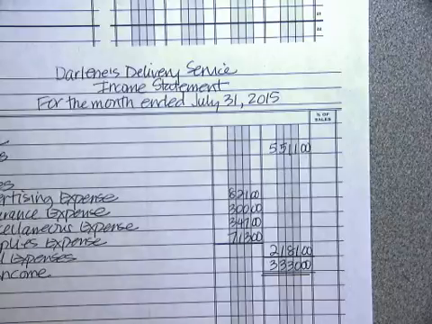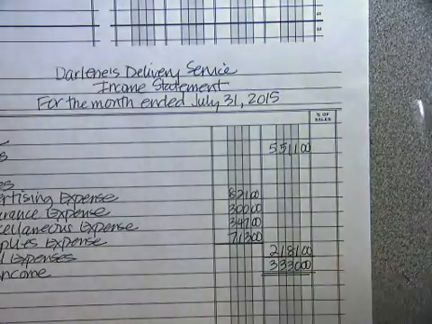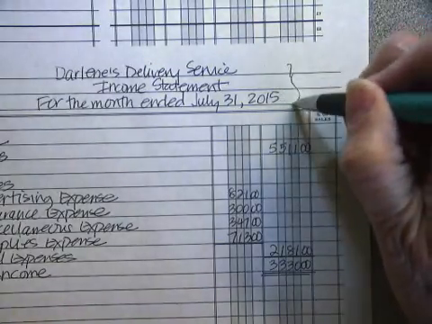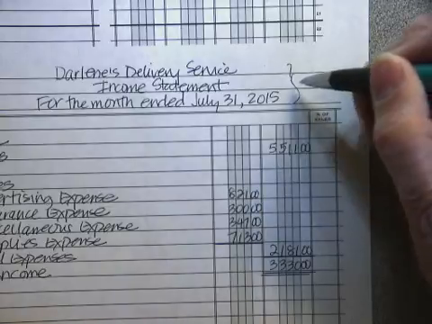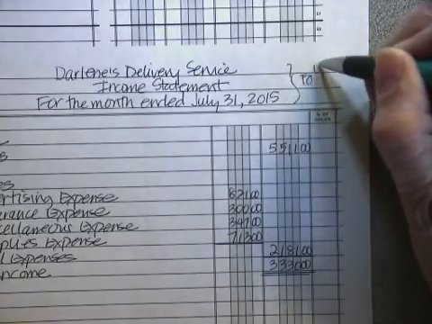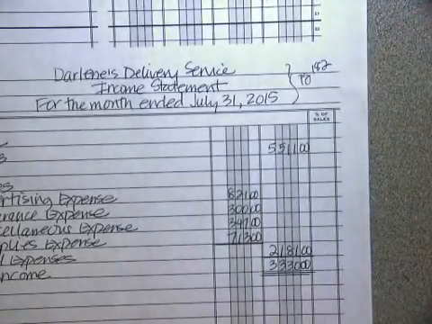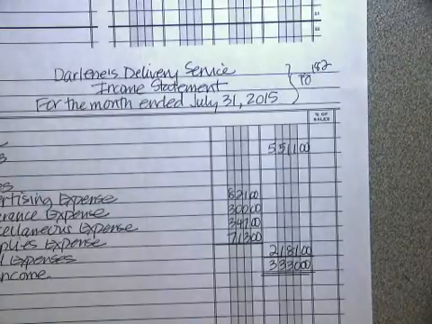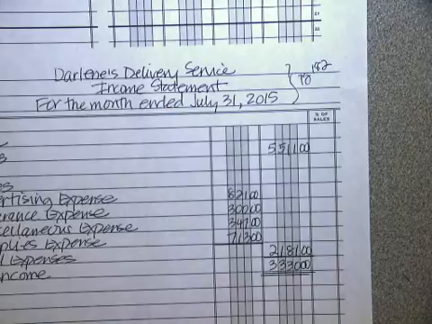Okay, if you want to put some page guideline reminders for yourself, the heading is described on page 182. And the setup of the income statement, page 183, 184, 185.